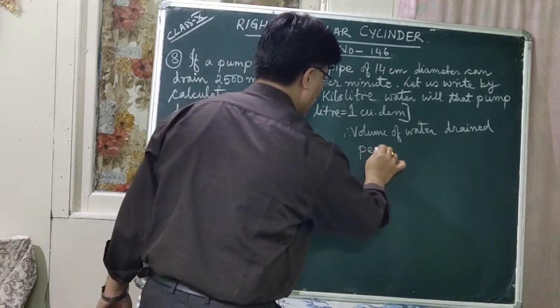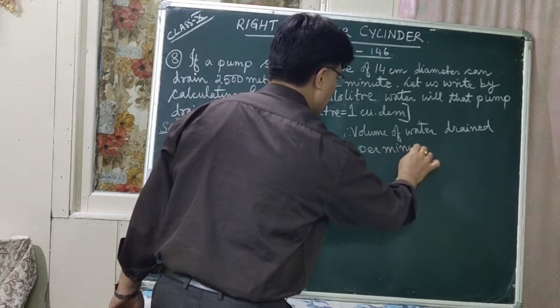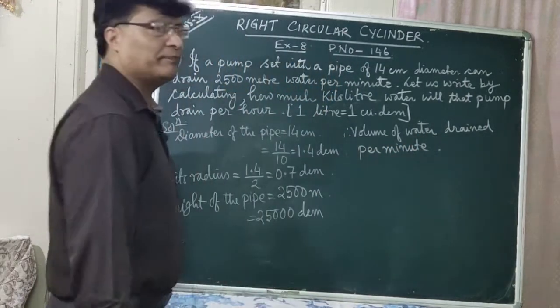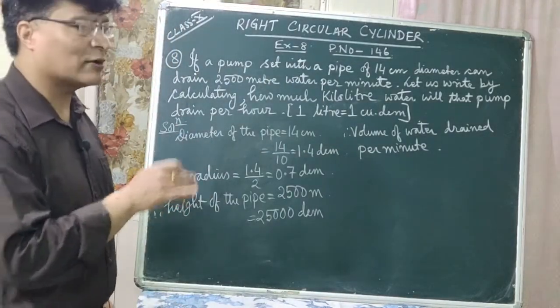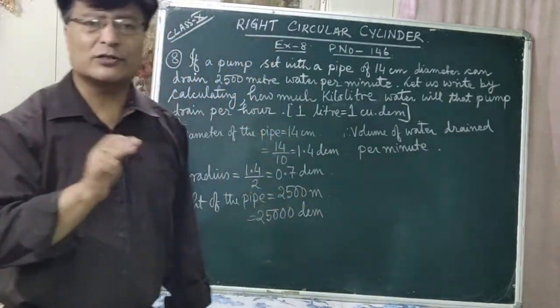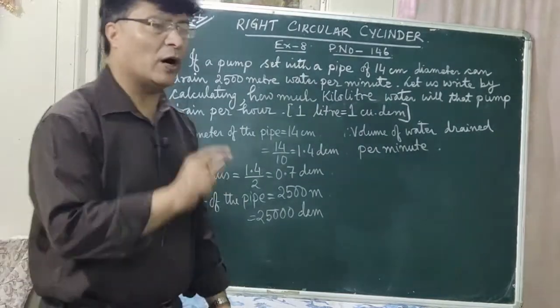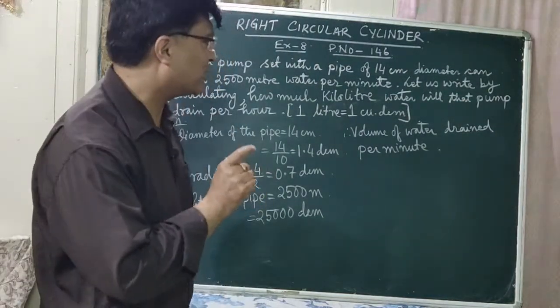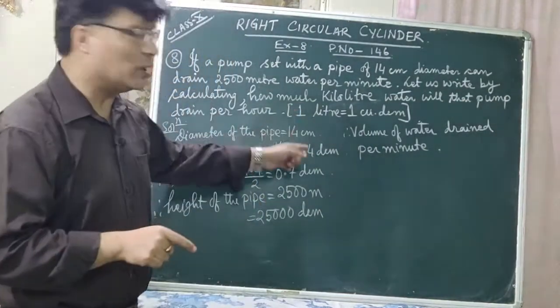Okay, per minute. तो एक मिनटमा कति भोल्युम अफ वाटर खाली गर्न सक्छ पम्पले. So how much volume of water that the pump can drain per minute?